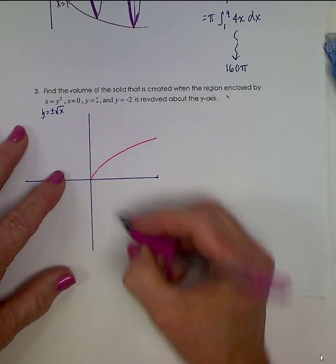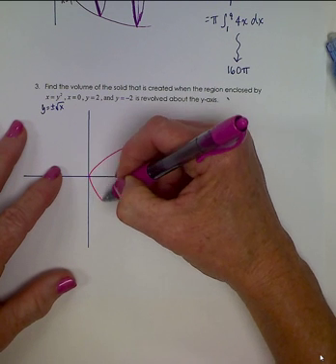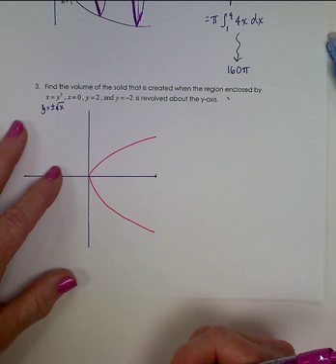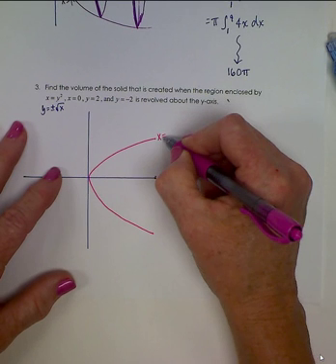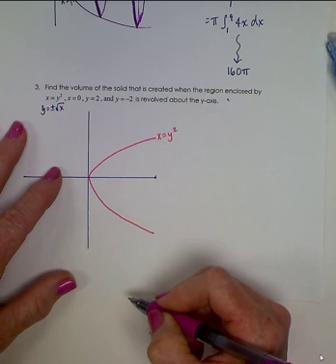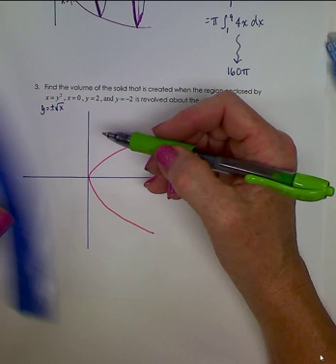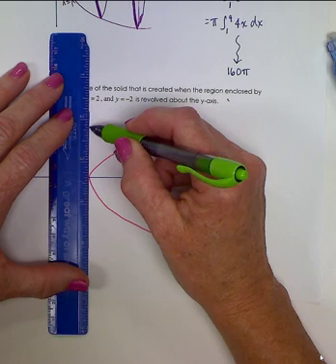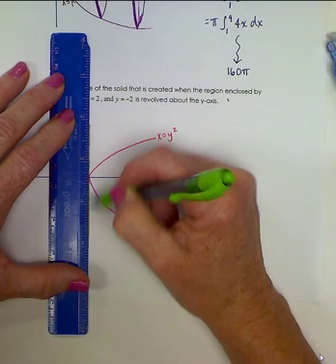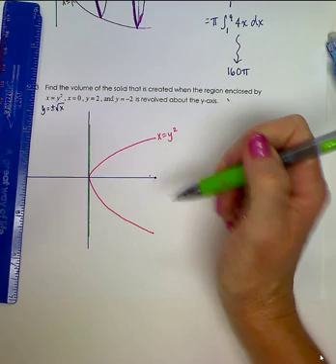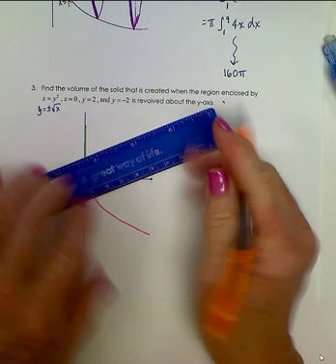This one. There's x equals y squared. X equals 0. Y equals 2 and y equals negative 2.